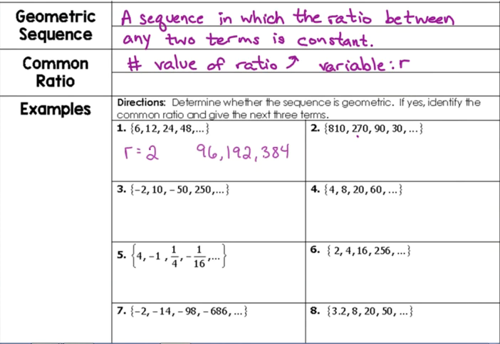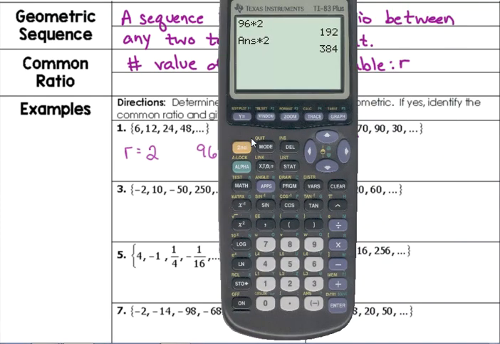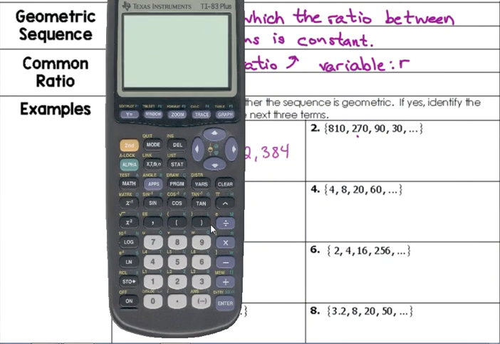All right, number 2, we have 810, 270, 90, 30. I think it becomes a little bit more obvious with terms 2, 3, and 4, but it would appear that we are dividing by 3, but do recall that division is the same as multiplying by a fraction.